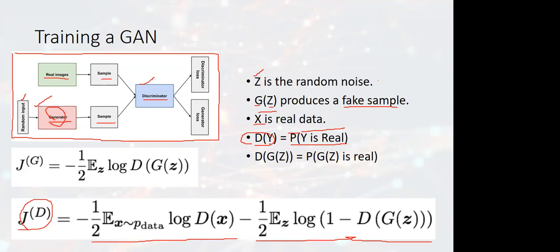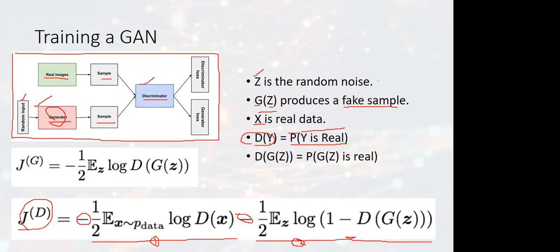There are basically two parts to the discriminator loss, the first term and the second term. We have minuses before these terms, so let's break down this whole equation. Every neural network tries to minimize its loss function, right?